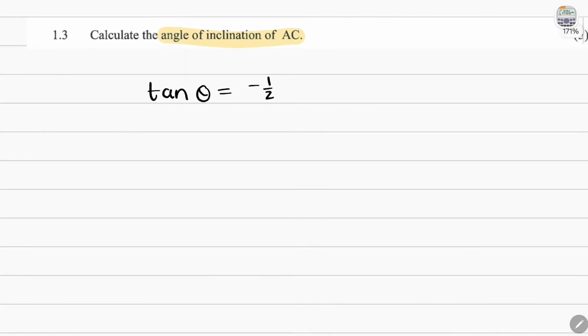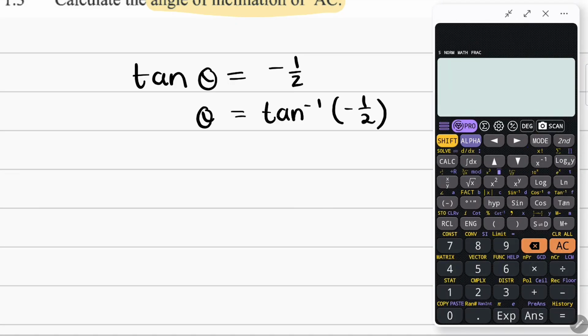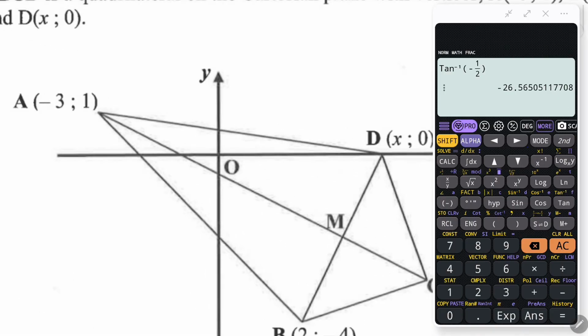So to find theta, naturally we would just transpose to make it the inverse of tan. But remember what happens when you have a negative value. The minute you do shift tan of negative 1 over 2, you get a negative number, and we don't want to just use that, because what you're measuring here is not this obtuse angle. You are measuring this little angle.